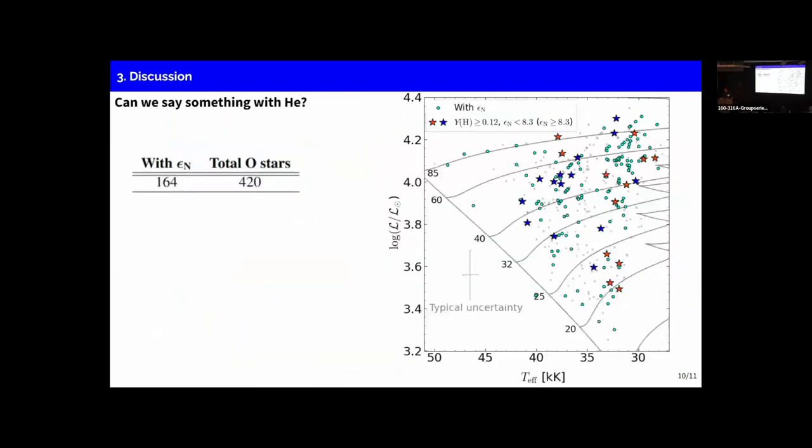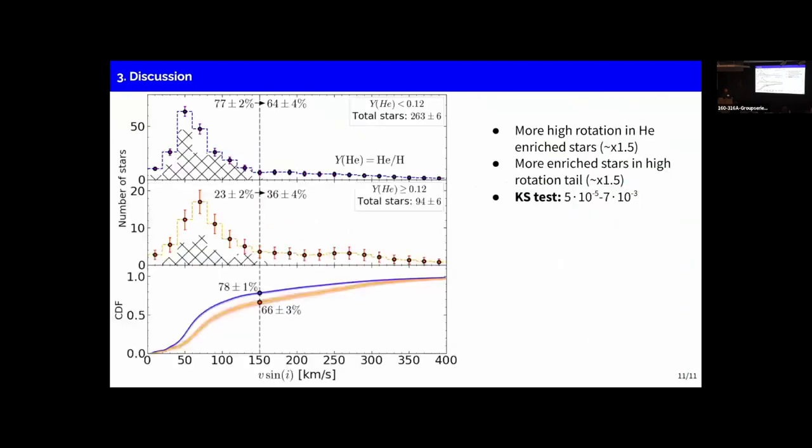Can we say something only with helium, because the sample is much greater considering only helium? Well, as we said, we expected a higher projected rotational velocity after mass transfer. If we go to the histograms for the helium distribution, we see a peak displacement that can be attributed to the uncertainties in the velocity measurement, but also that the tail is much more important in the case of helium-enriched stars.